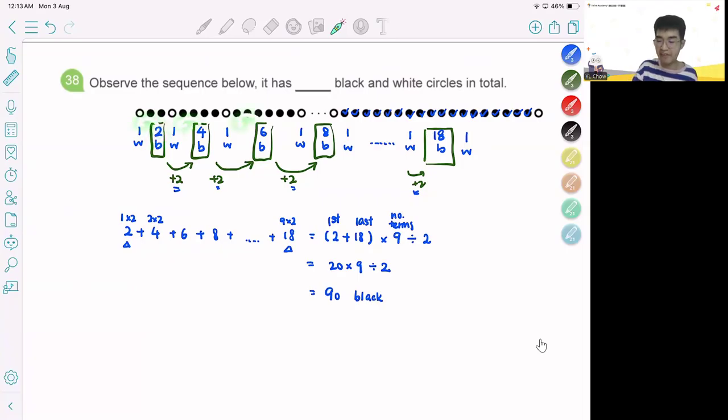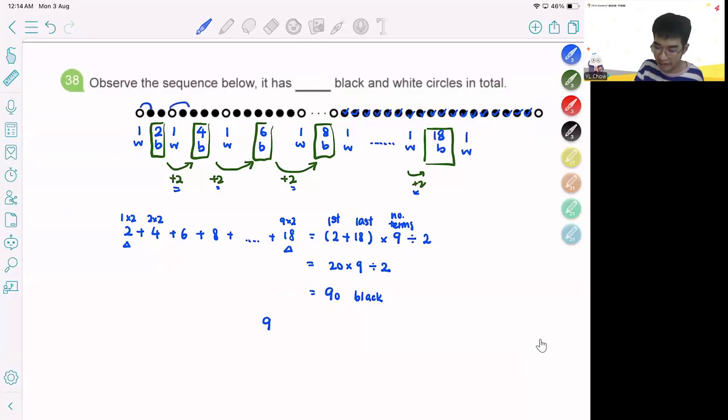Pair, pair, pair. Now, there are 9 terms in the arithmetic sequence just now, which are your 2, 4, 6, 8 up to 18. Every time I have this term, or in picture terms, every time I have a group of black circles, that means in front there must be a white circle. So up till now, I have found 9 white circles that I can pair with a group of black circles behind it.